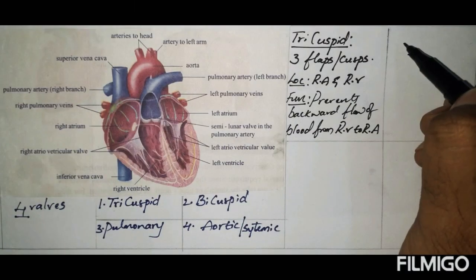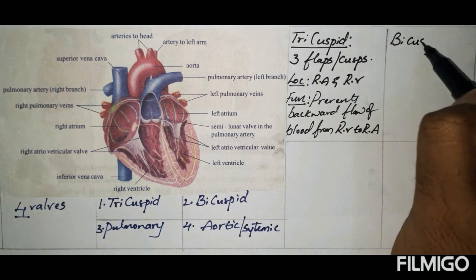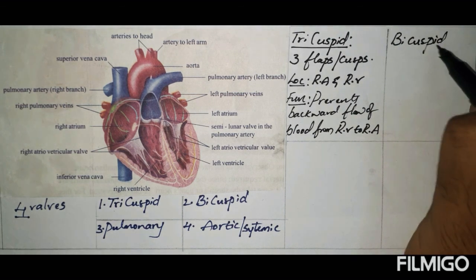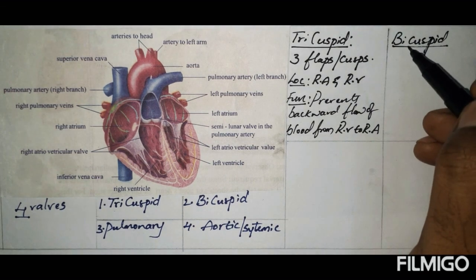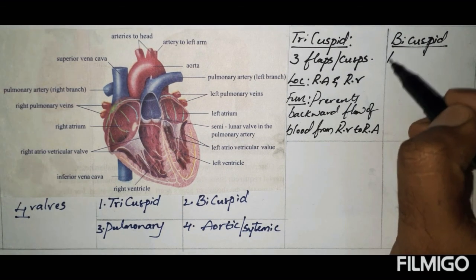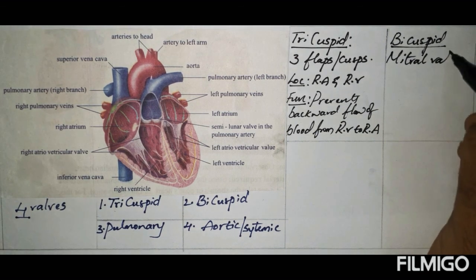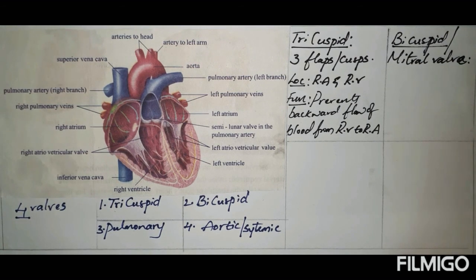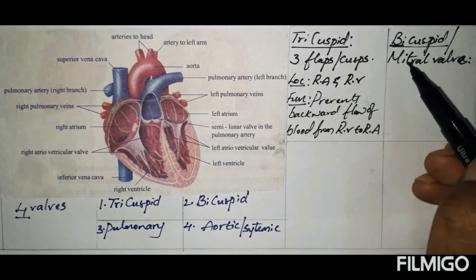Let's learn about the second valve, bicuspid valve. Bicuspid has another name called mitral valve. The name itself indicates bi.